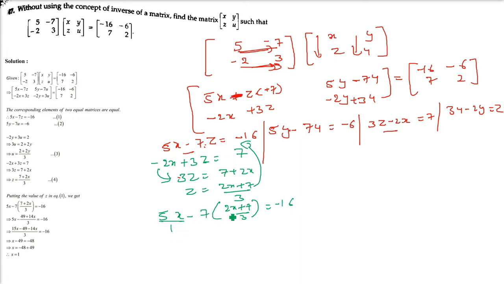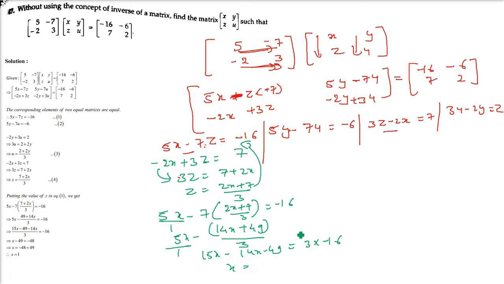So just multiply inside: 7 into (2x plus 7). I hope you'll be able to do all this. I'm just doing it for the sake of completion. 14x plus 49, divided by 3. Cross-multiplying, 15x minus 14x minus 49, and 3 into minus 16 on the right hand side is minus 48.